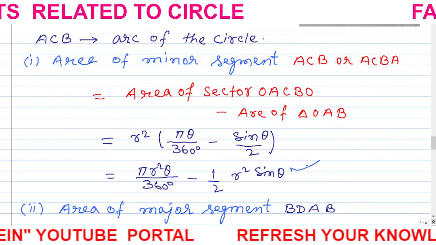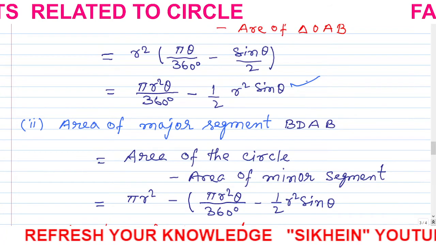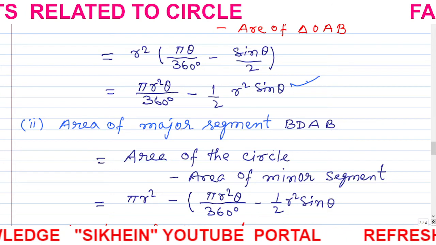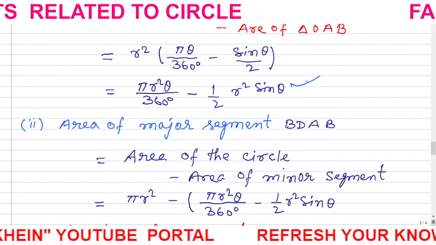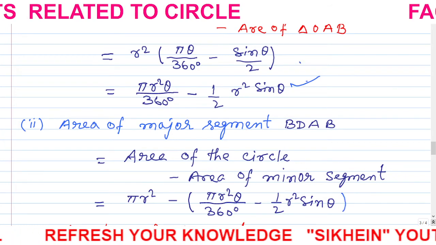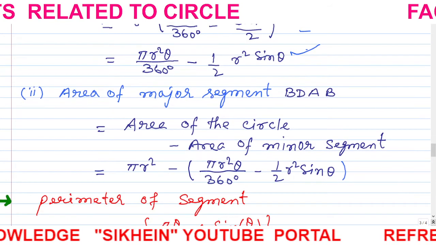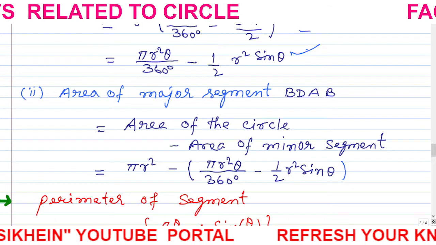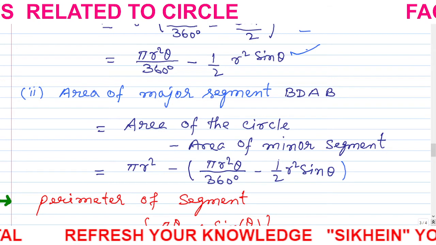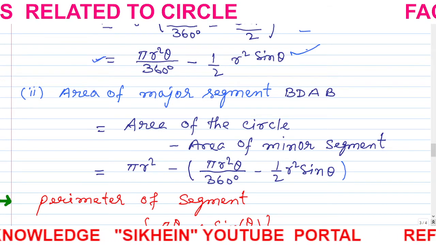Next, the major segment. In the same way you can put the relation. The area of the major segment BDAB is the area of the circle minus the area of the minor segment, as we have written above. So pi r square minus, bracket pi r square theta by 360 degrees minus half r square sin theta, bracket close.